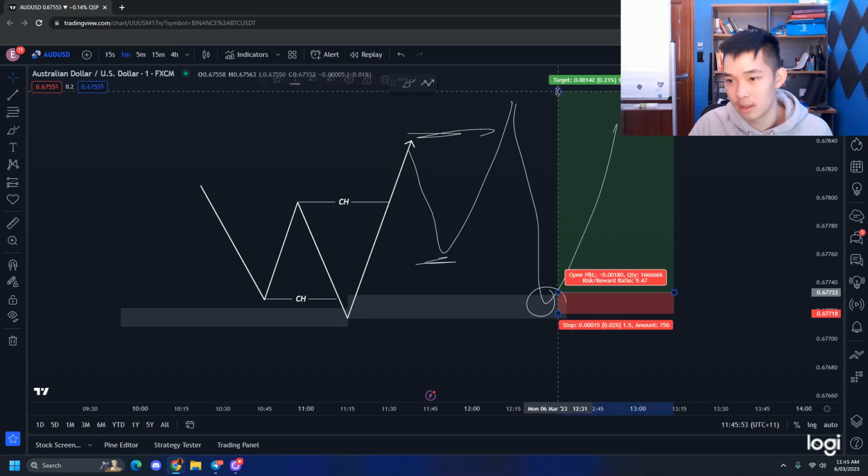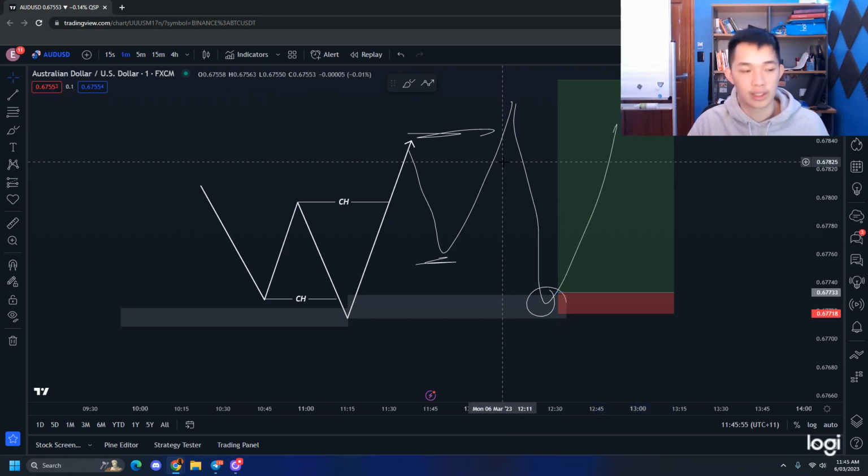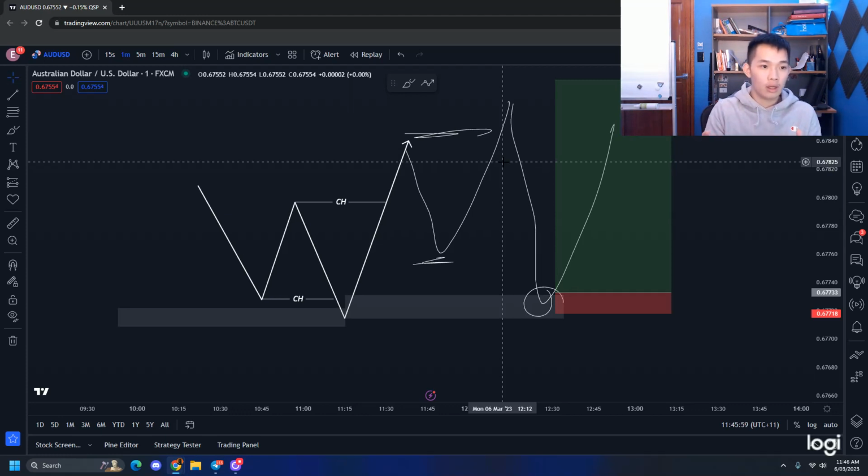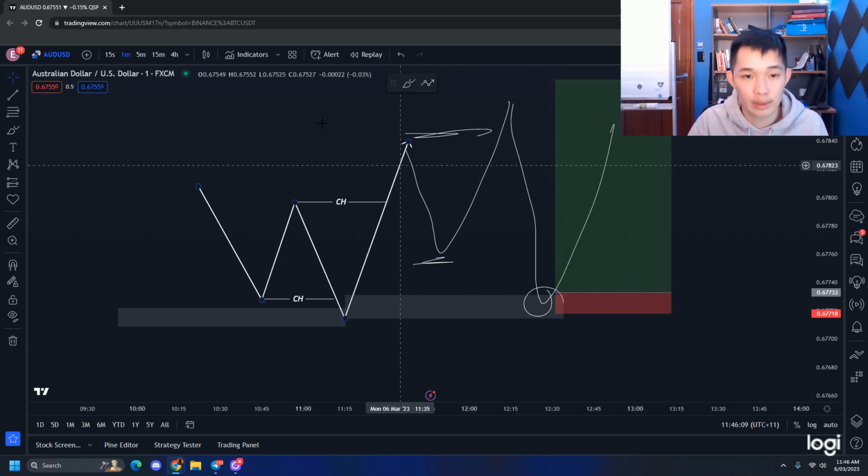Okay, let's say we caught this trade. It was 1 to 10, this trade here giving us a 1 to 10. We trade this with recent price action. We did not look back at the 4 hour breaker structures continuously going up. We never needed that. All we needed to do was focus on the recent price action.